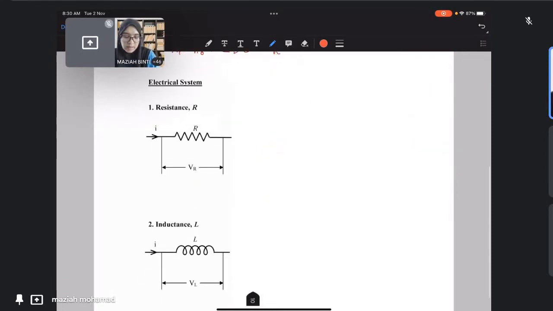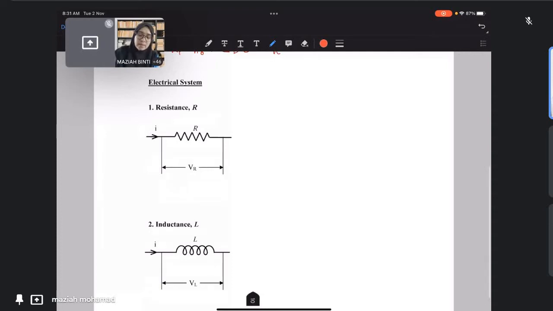All right, the last one is the electrical system. In electrical system, we have 3 elements: resistor, inductance, and capacitance. I believe you already know the equations for resistance, inductance, and capacitance.